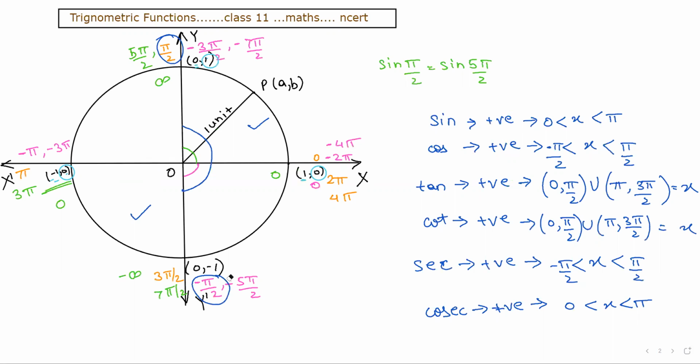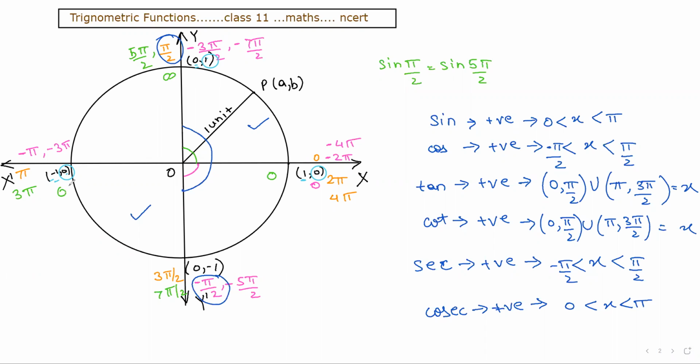So for the time being, we'll consider, by our understanding, the value of tan at 0 is 0. By our understanding, the tan value at pi by 2 is 1 upon 0, which is infinity.